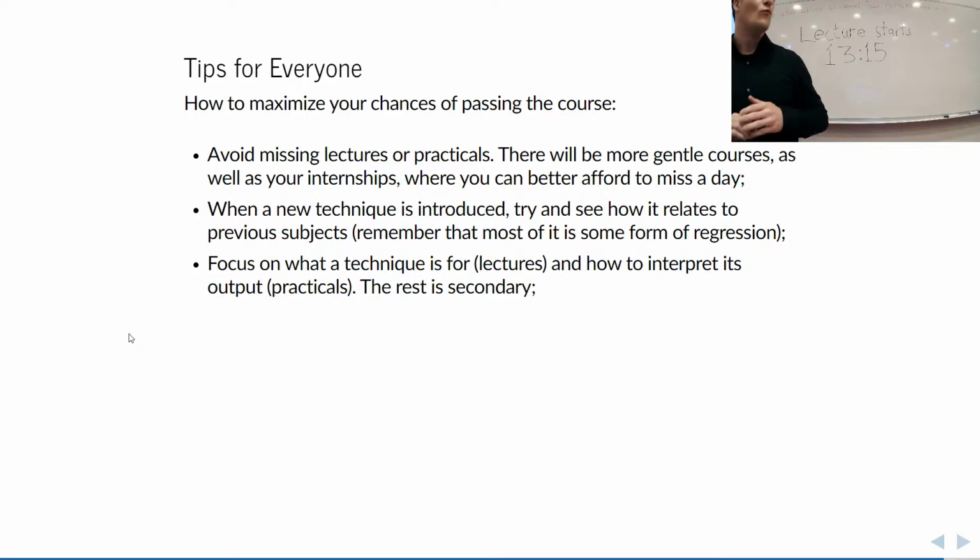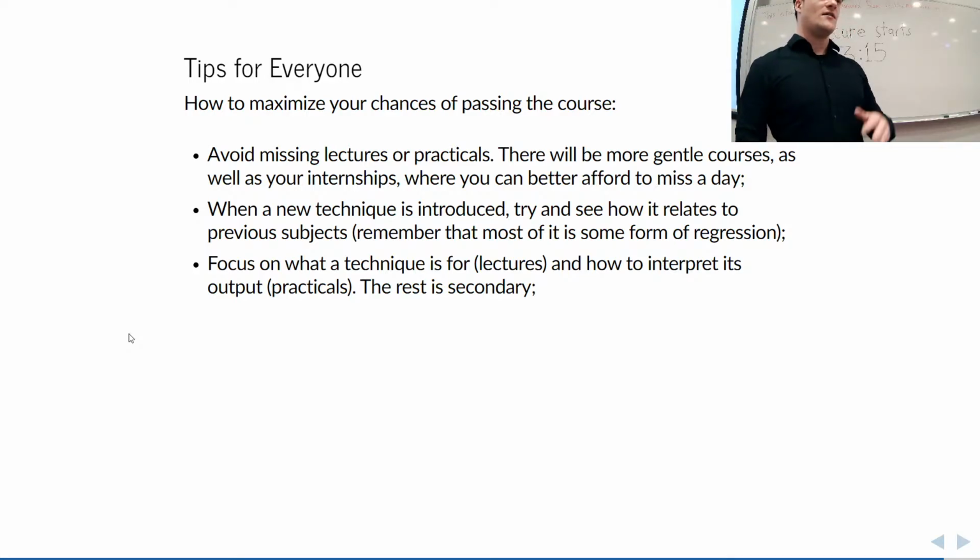Then, when we introduce a technique, the two things that you should focus on are: what is this method for, and how do I interpret the outputs? Because those are the things that you will need on the exam. How it works is really useful to know, because all the assumptions and when you can use it are derived from how it works, but that is secondary.